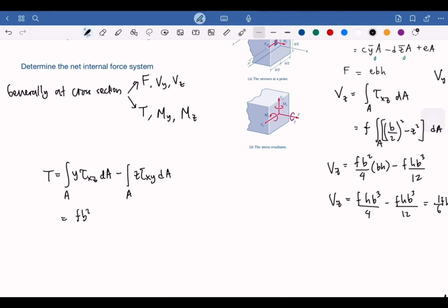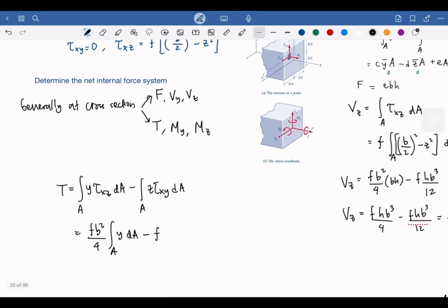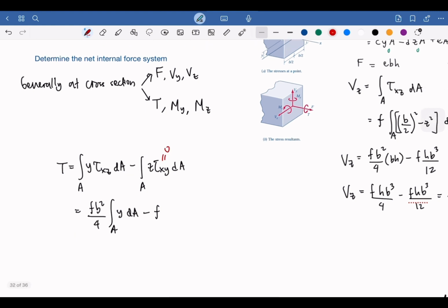So f b squared over 4 integration y dA minus, and I think we can agree that the tau xy is 0. This is 0, so maybe no need to write it here and just write 0.